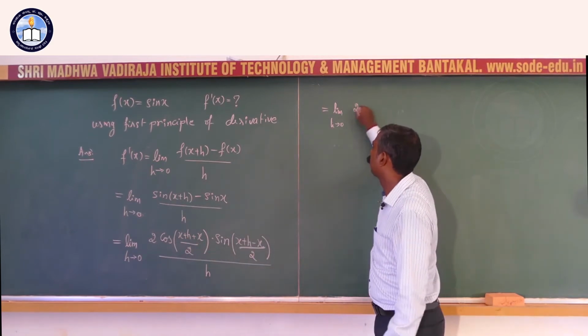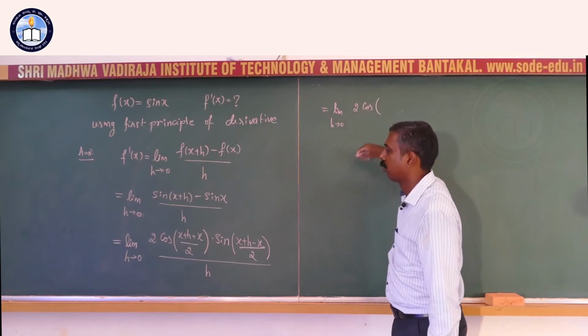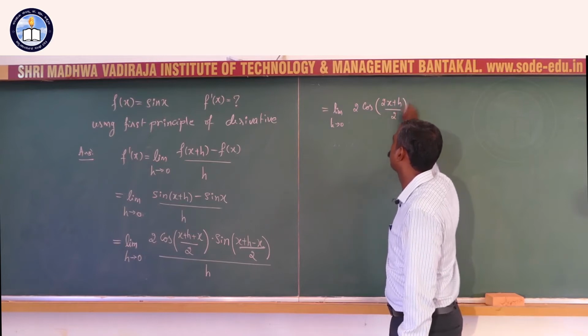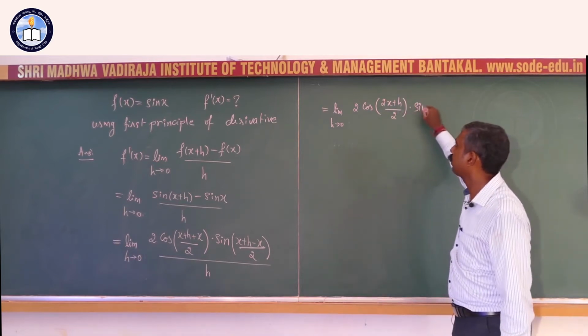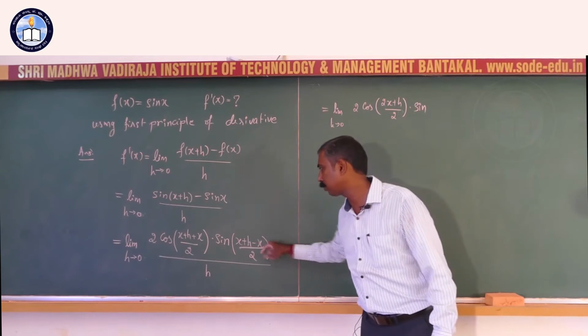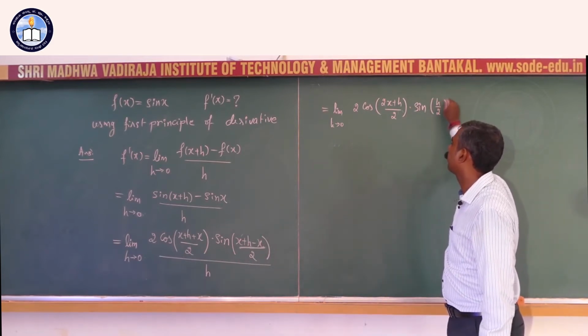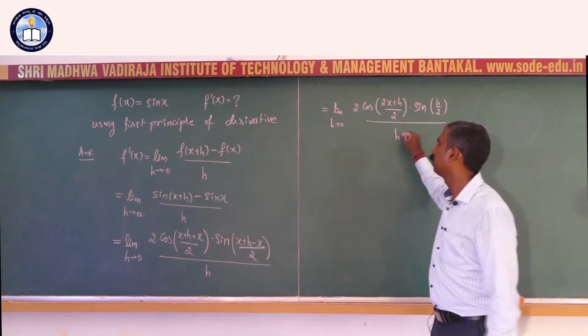So, that is 2 times cos of x plus x plus h, that is 2x plus h divided by 2, into sin of x plus h minus x. So, x cancels. So, it will be sin of h by 2, whole divided by h.